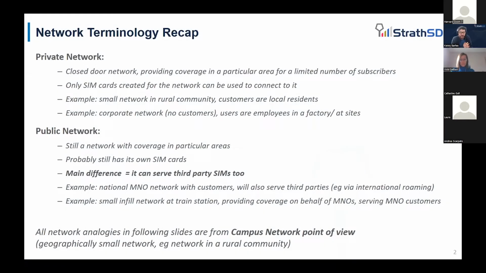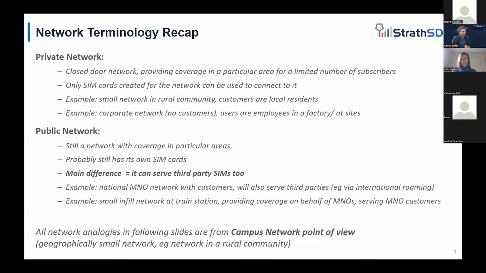Let's start with a quick review of the network terminology. Catherine has just introduced what private networks and public networks are. As a quick recap, your private network is basically a closed door network with a limited number of subscribers. The SIM cards for the private network are issued by the network operator, and only those SIM cards are able to connect to it.